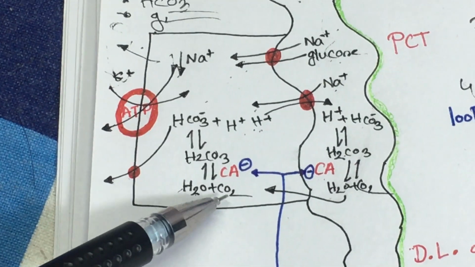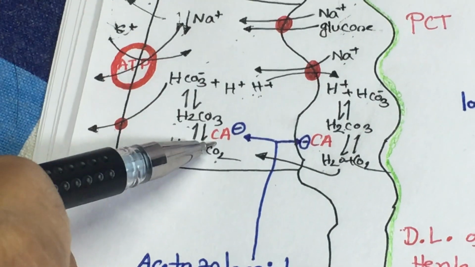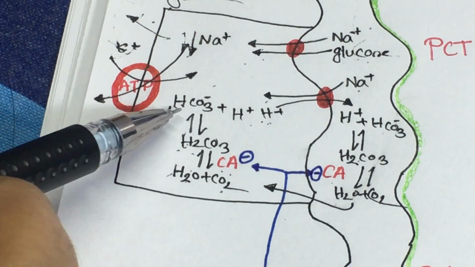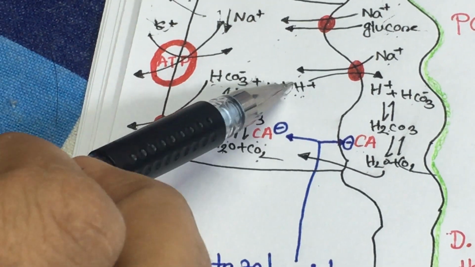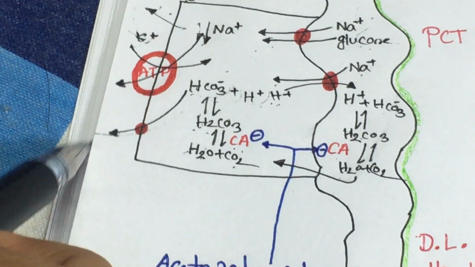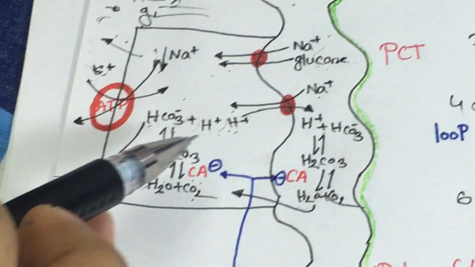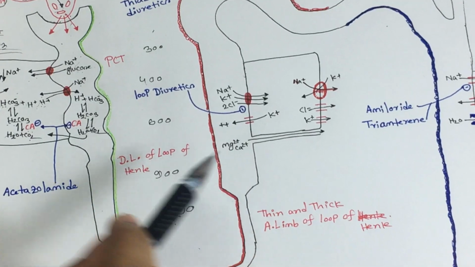So water and carbon dioxide will again make carbonic acid in presence of carbonic anhydrase. After that, it will dissociate into bicarbonate and proton. Bicarbonate will be reabsorbed and the proton will again follow this transporter. This is how we are reabsorbing the bicarbonate.